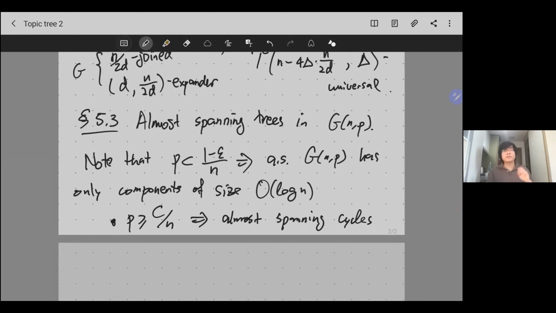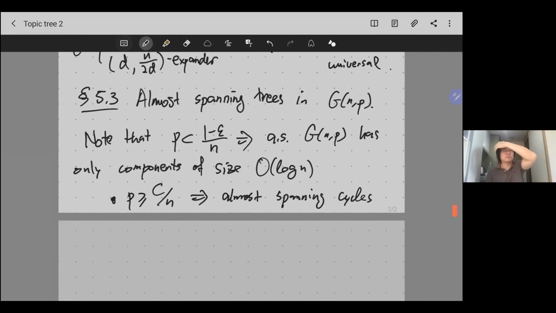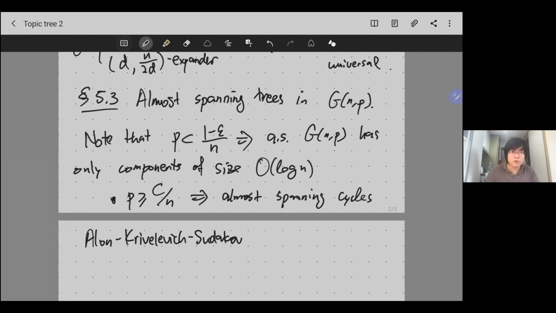So there's no obvious reason we cannot get, say, bounded degree trees. They are, in a sense, simple structure subgraphs. And this is indeed shown, first shown by Alon, Krivelevich and Sudakov, that the threshold of almost spanning trees is constant over n.